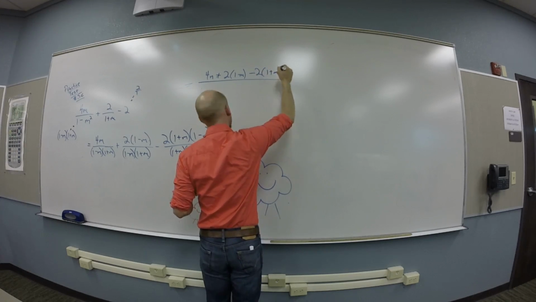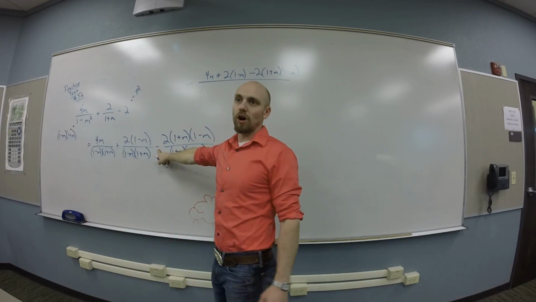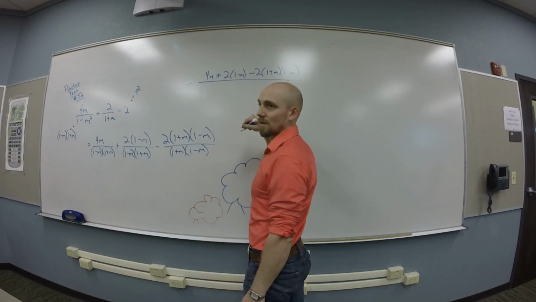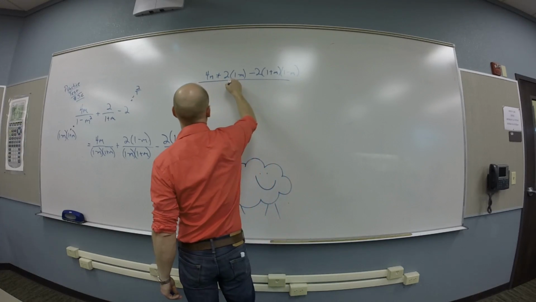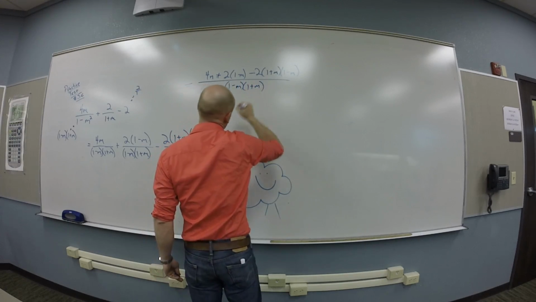Why was that one minus? Because there was a subtract there. And then on the bottom, what have I got? A 1 minus m and a 1 plus m.